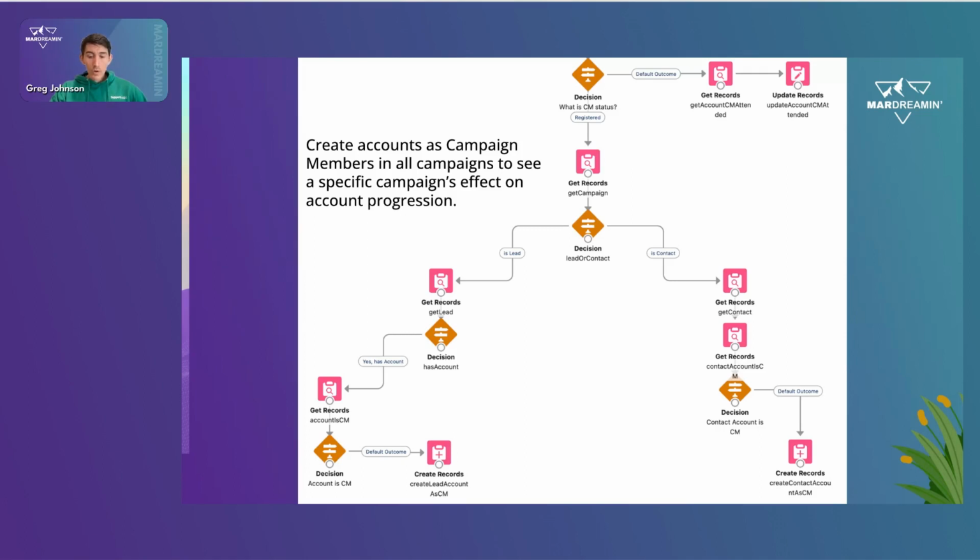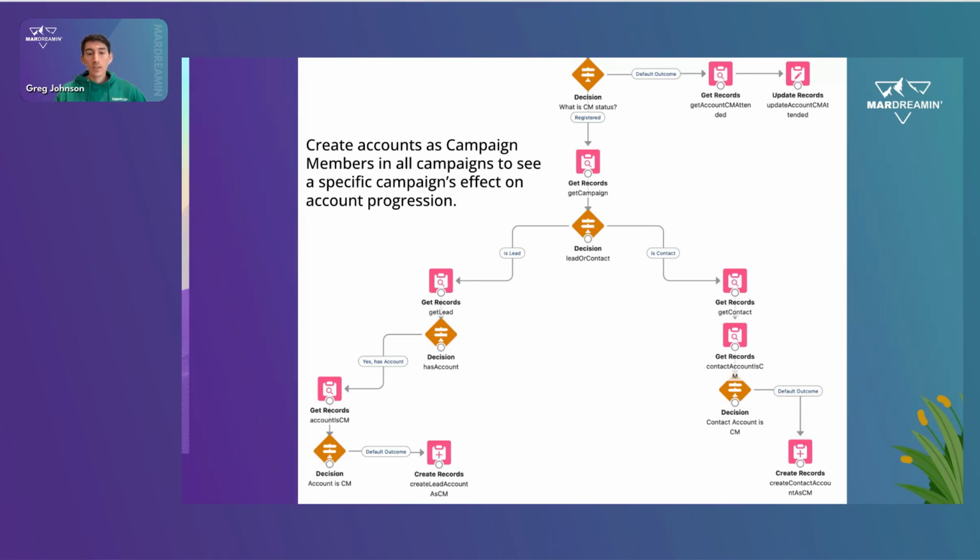Now, we're not only creating accounts for tracking in the overall funnel campaign. Like I said, we're creating accounts as campaign members in all campaigns because that allows us to see a specific campaign's effect on that account's position in our marketing funnel. So essentially how this flow works is when a new campaign member is created in one of our campaigns, we look to see first, is that a lead or a contact?